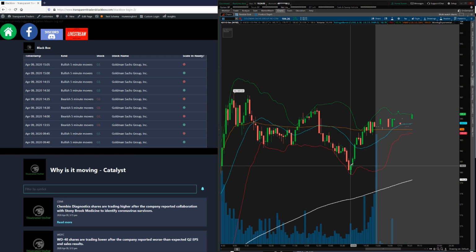The key to scaling in is actually not filling up your entire position size. If you can do it on 4 entries and then it starts running in your favor, let that thing run and then take your profits. It's that simple.